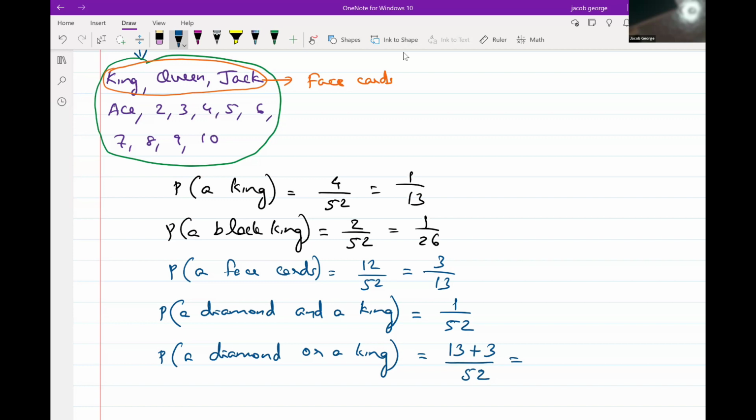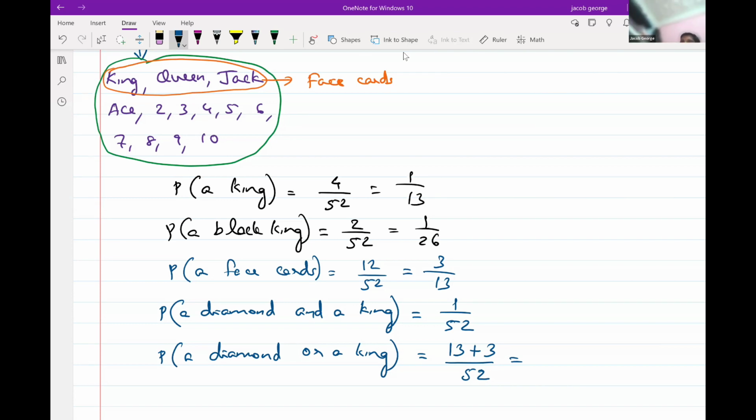Is it clear, children? If the connecting word is or, we take the total. Diamond 13 cards, 4 kings, but 1 king is already counted with the diamond. So 4 minus 1, that 1 we don't have to count again. So that is why I have added 3.